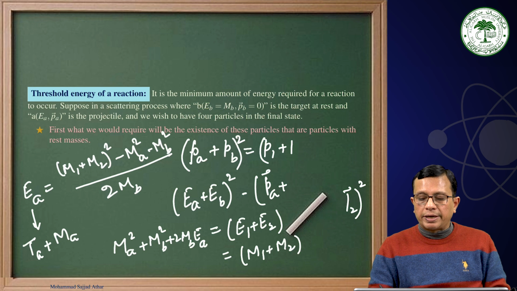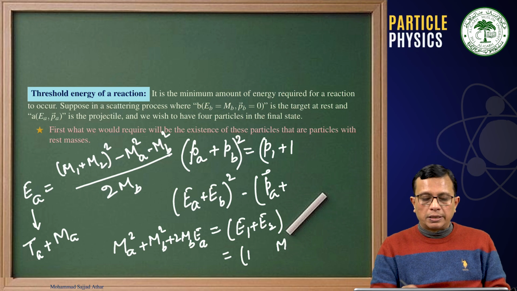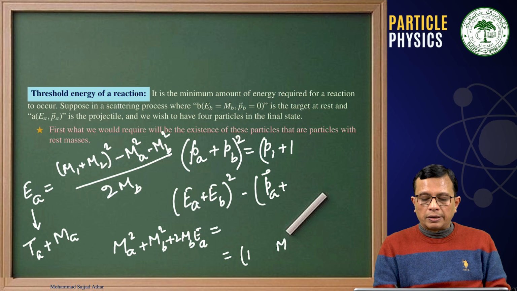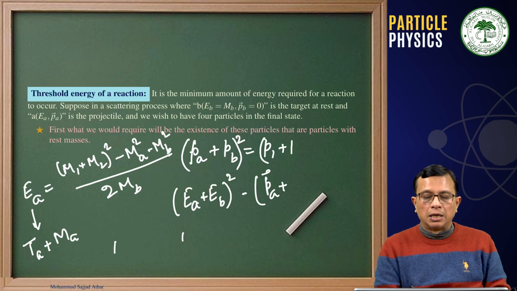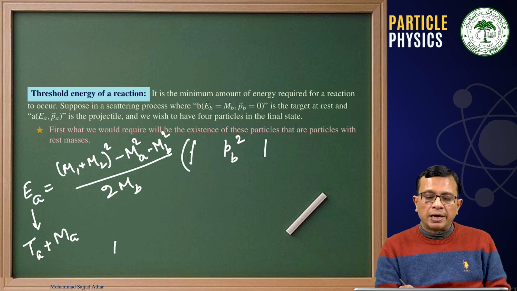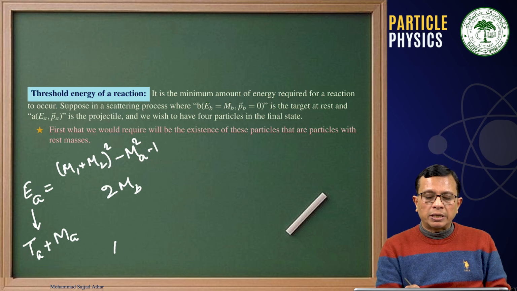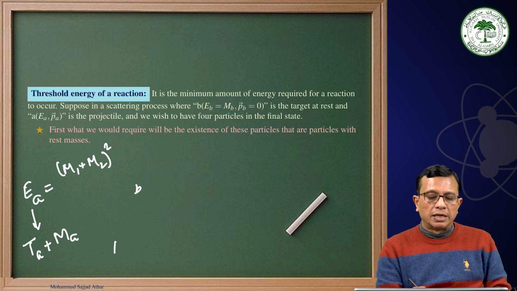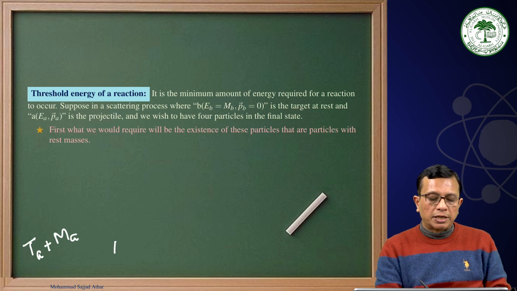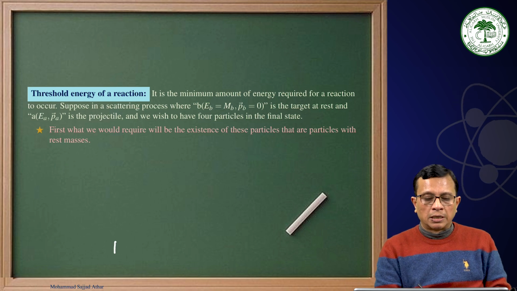That means with the increase in the first term on the right hand side, M1 plus M2 plus M3 plus M4 etc., you can have the desired number of particles in the final state. And this EA is known as the threshold energy of the reaction, and TA is known as the minimum kinetic energy of the projectile A to execute the reaction.